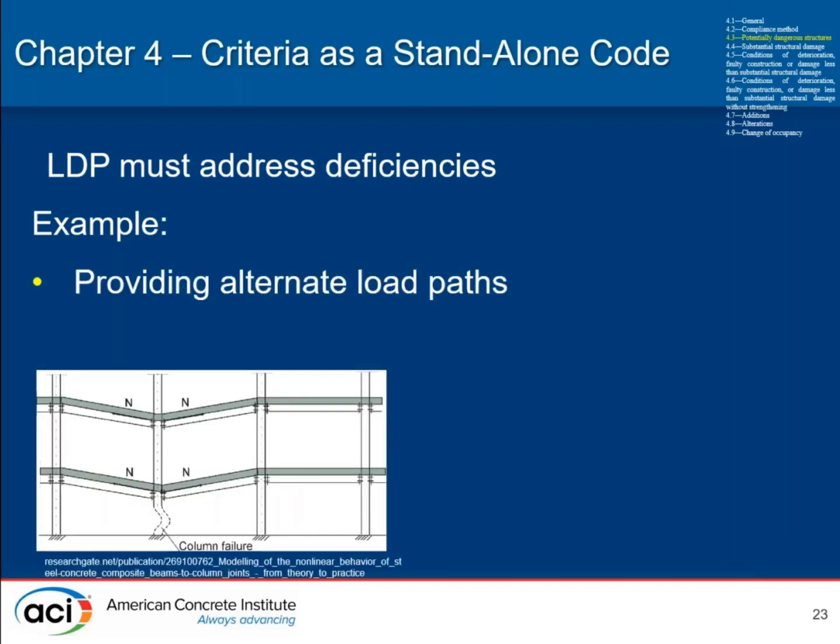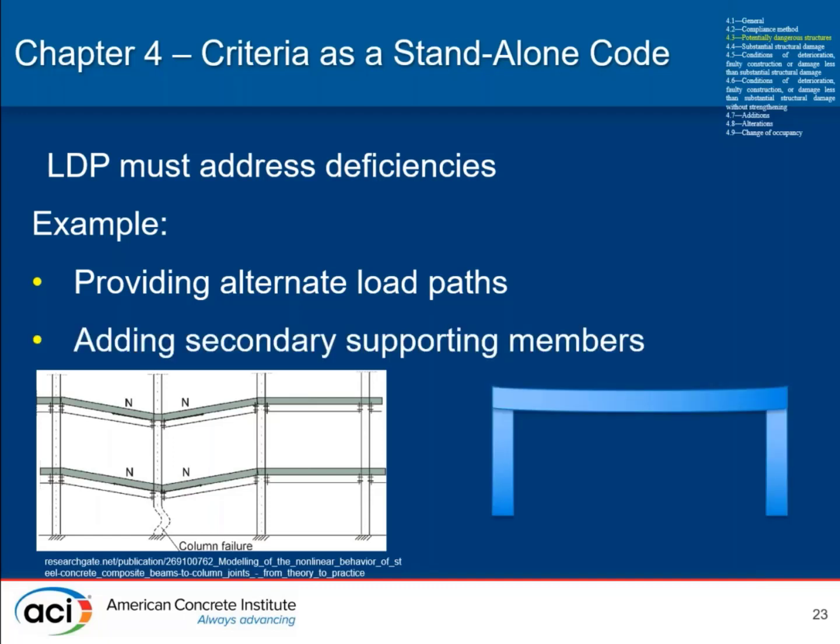So, for example, the LDP can consider whether alternate load paths are present to address potential deficiencies, whether the load can redistribute, or conceivably limiting the live load to prevent existing members from being overloaded. Alternatively, we could add temporary or permanent secondary supporting members, temporary shoring perhaps, to relieve the overloaded members.